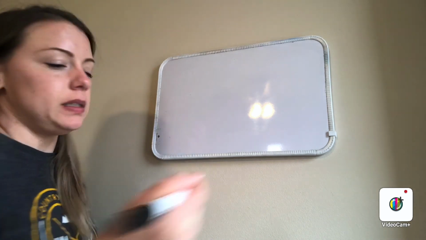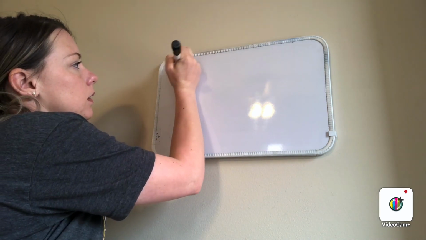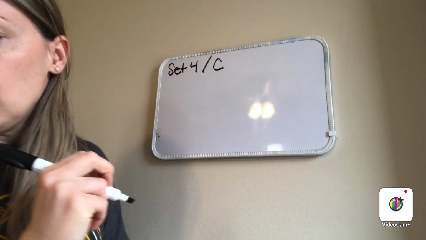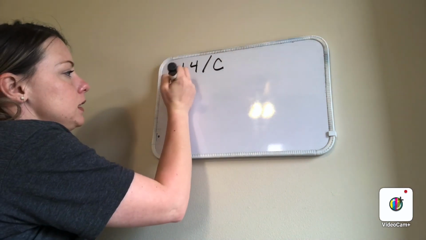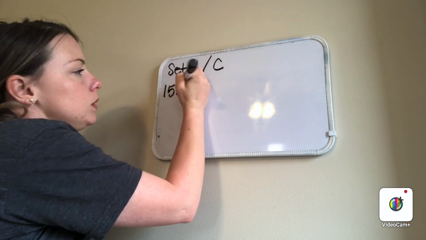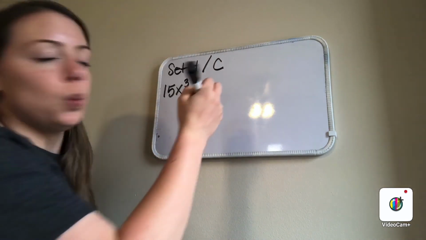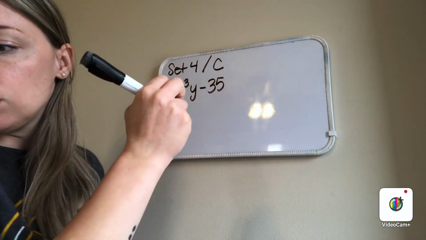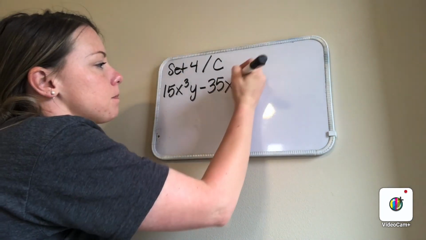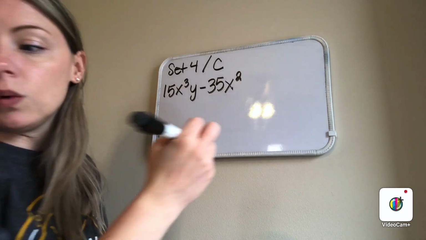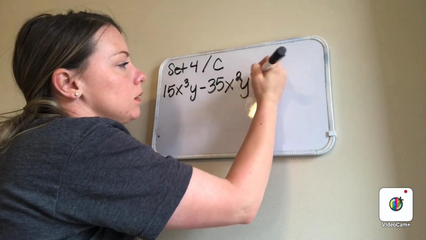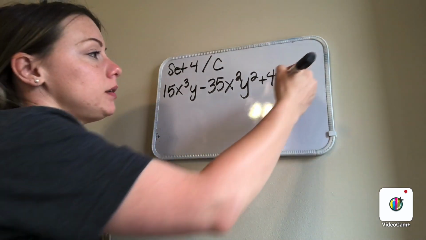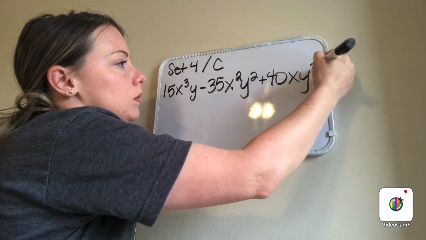I'll pick letter C. So again, this is in set 4, and it's letter C. In letter C, I have 15x cubed y minus 35x squared y squared plus 40xy cubed.